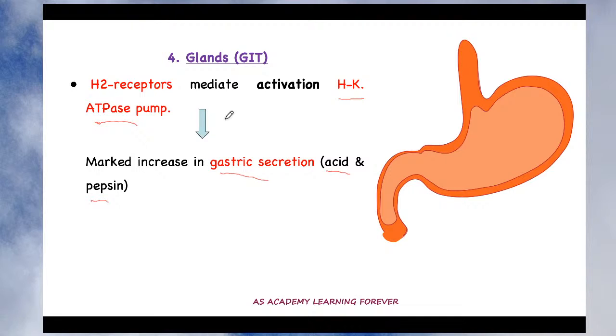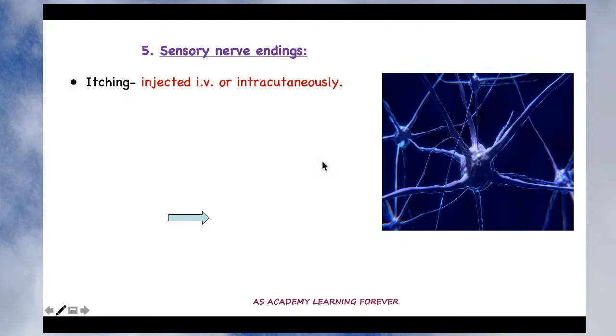It secretes HCl, that is hydrochloric acid, isn't it? It secretes pepsin. Since these biological fluids are secreted by your gastric cells, the GIT cells are also called a gland. So the action on the gland is mediated by the H2 receptor and it is due to activation of the hydrogen potassium ATPase pump. Next we will see the action on the sensory nerve ending.